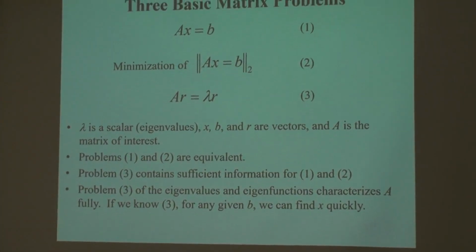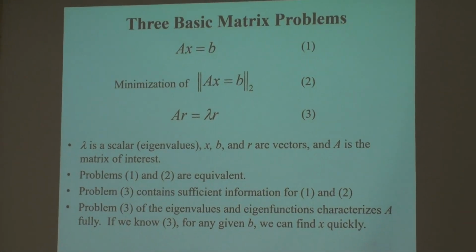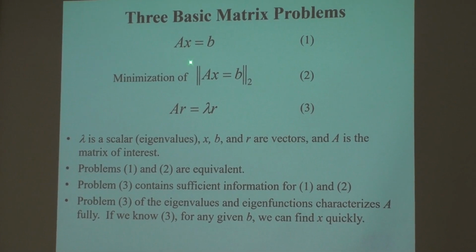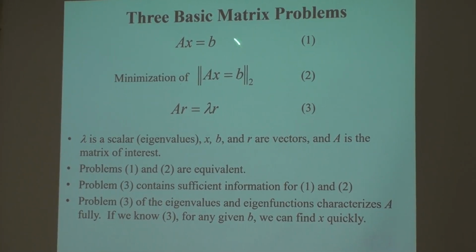So it's a harder problem. If you know how to solve Ax equal to b, and the rank is n, and I give n orthogonal b vectors, and I solve all of them, then it's equivalent to solving the eigenvalue and eigenvector problem.